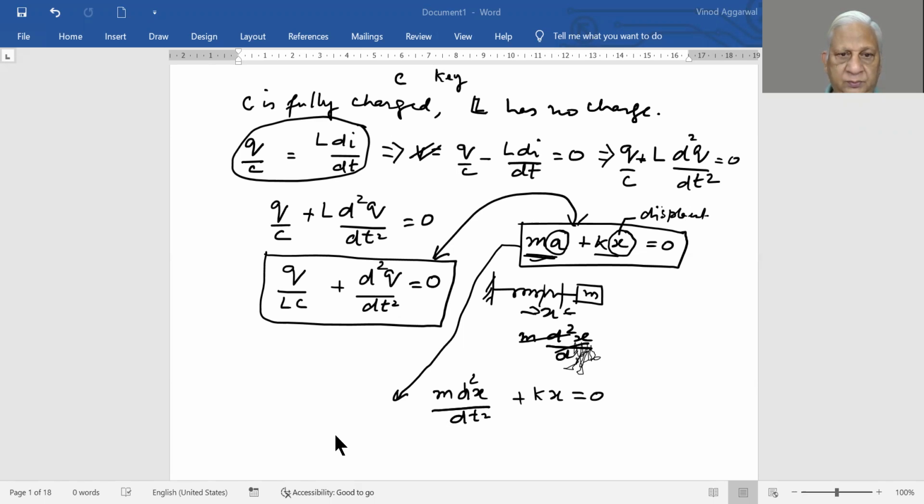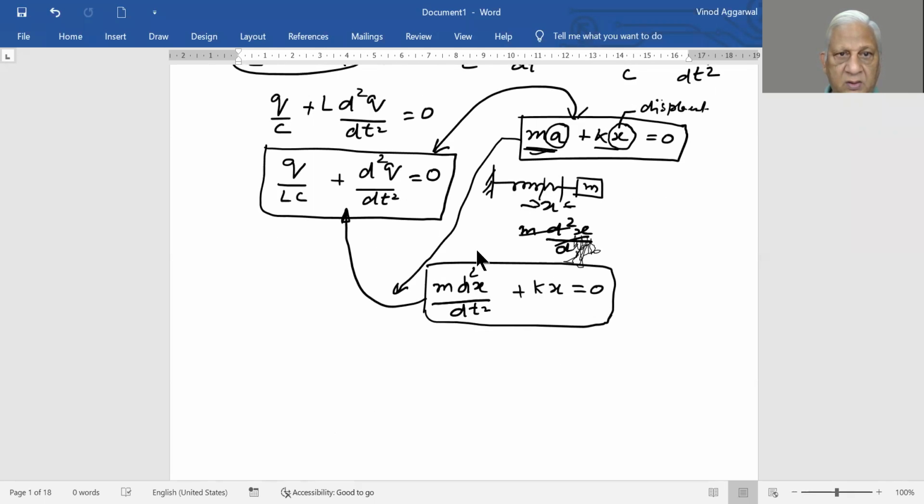And now, if we compare this equation with this equation, here we are talking about x, here we are talking about q.